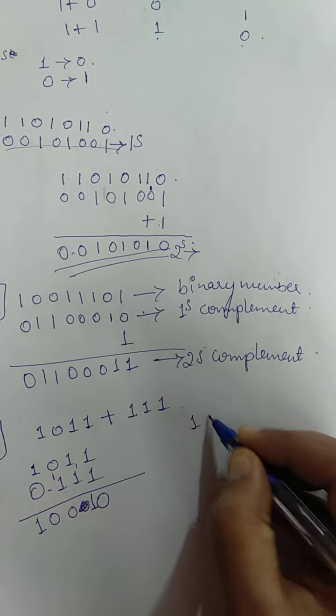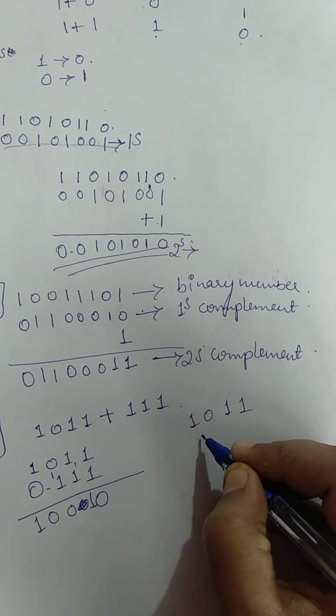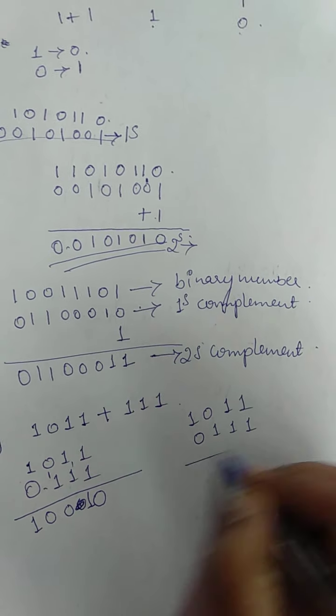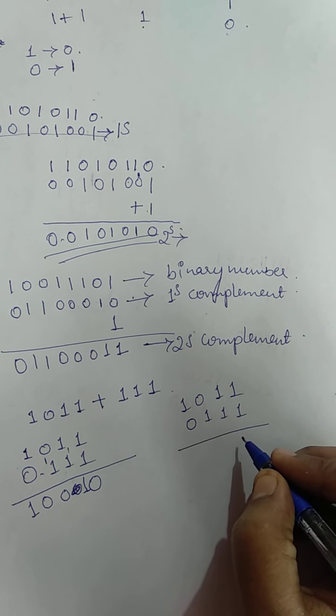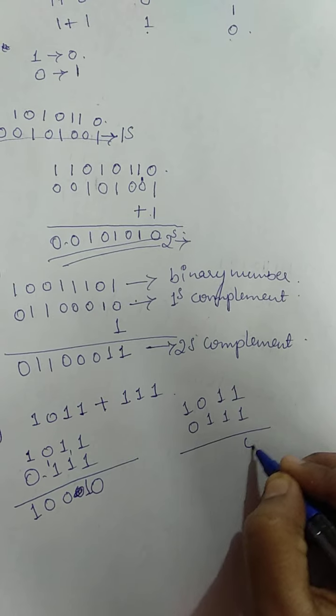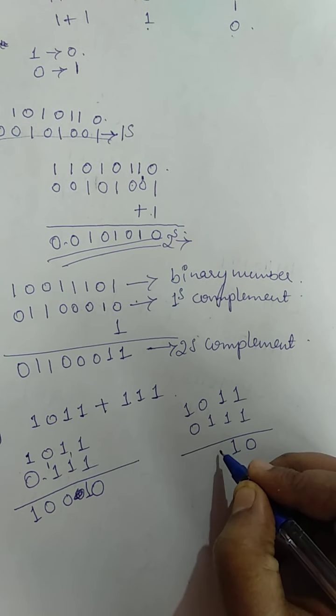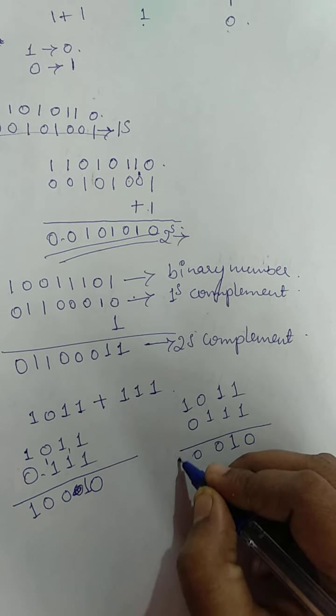Solve it properly. 1 0 1 1, 0 1 1 1. What I have got? Answer is 1 0 0 1 0, with carry 1.